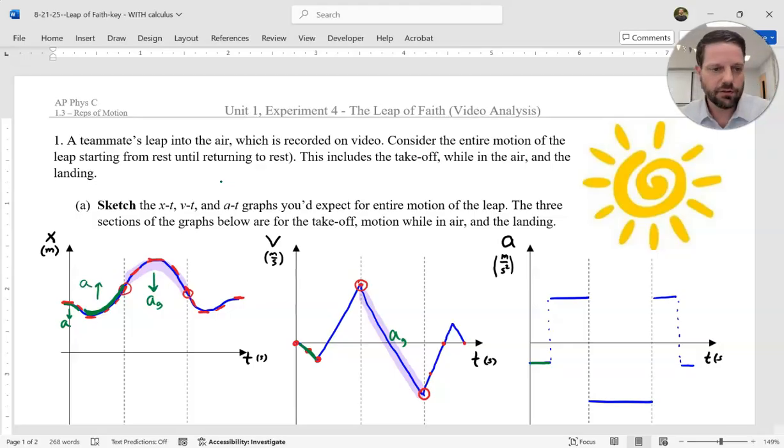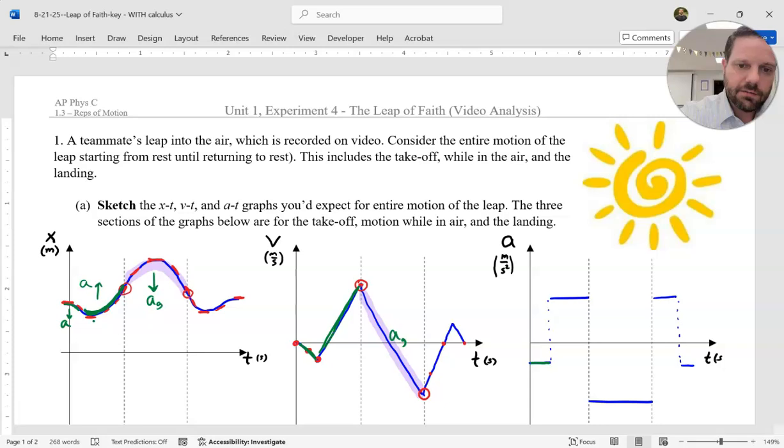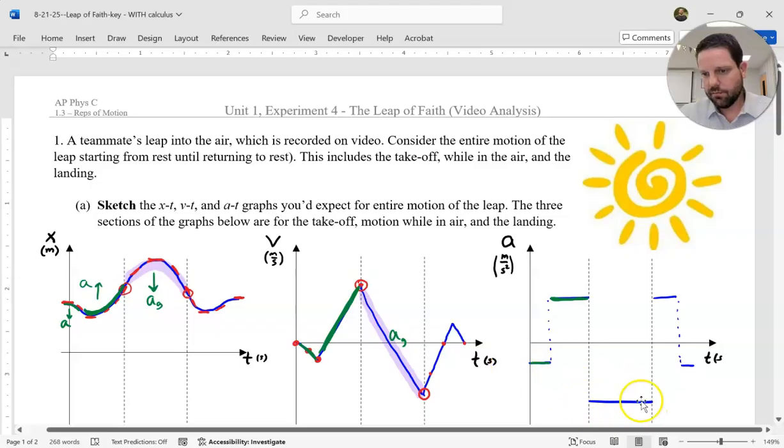Remember, concavity shows the direction of acceleration on a position time graph. That segment corresponds to this linear segment and a positive acceleration due to the slope of that segment, which is the positive constant acceleration here. We already talked about gravity, so that purple highlighted portion is going to be this bottom portion here.